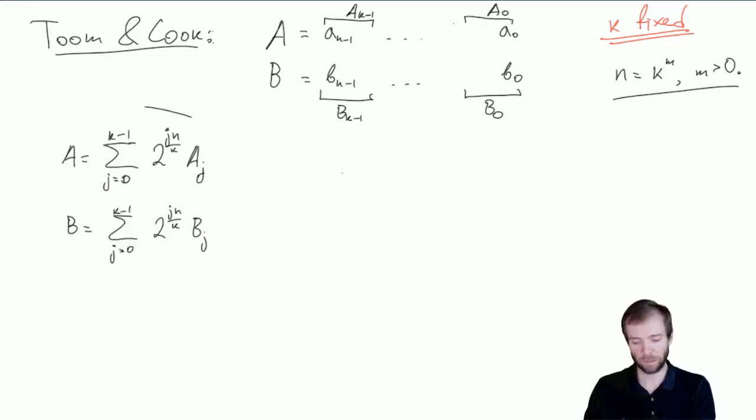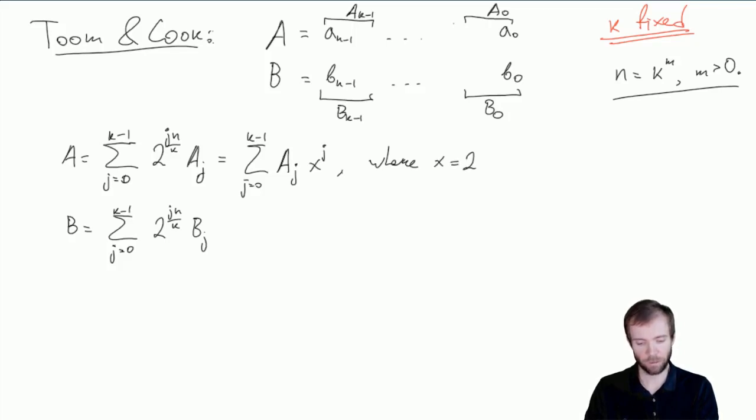Let's now look at the right-hand sides of these equations from the polynomial point of view. So we can write this right-hand side as the sum, where we put some x instead of the power of 2, x to the power of j, and where x is 2 to the power of n over k. And the same goes for b.